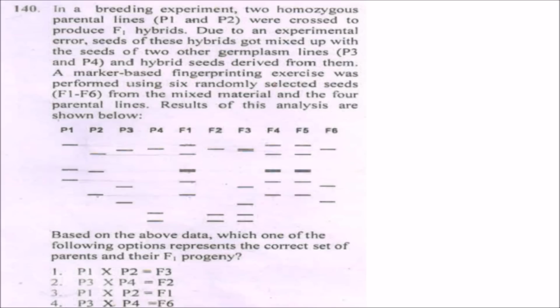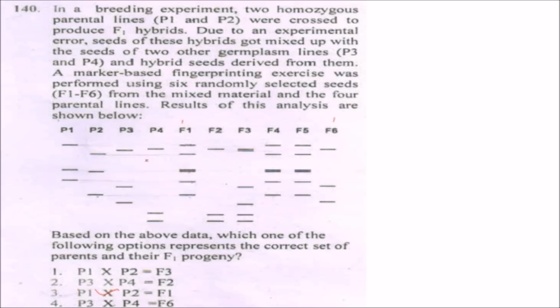A marker-based fingerprinting exercise was performed using 6 randomly selected seeds, F1 to F6, from this hybrid seed mixture. We have to find out using their band patterns. It is quite simple to analyze this. The answer is number 3.